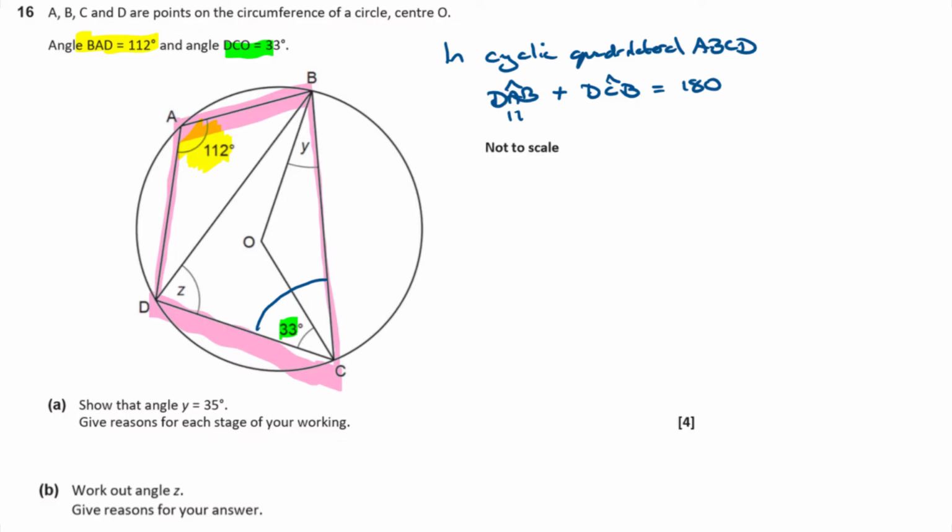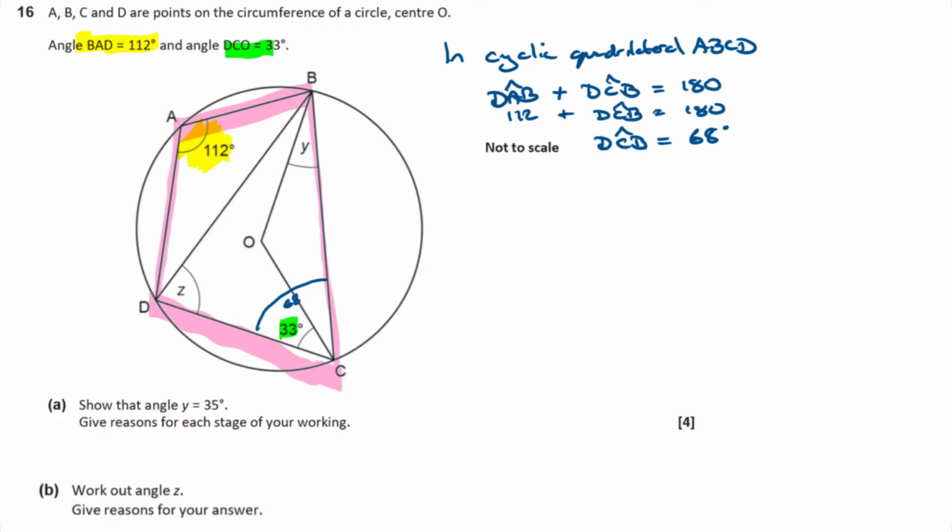We know DAB is 112, and so we should then know what DCB is, because I can take that away from 180 and find that DCB is equal to 180 minus 112. That's going to be 68. So DCB is 68.